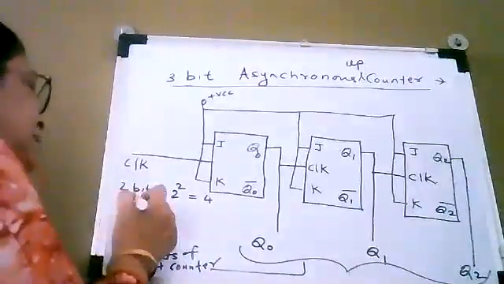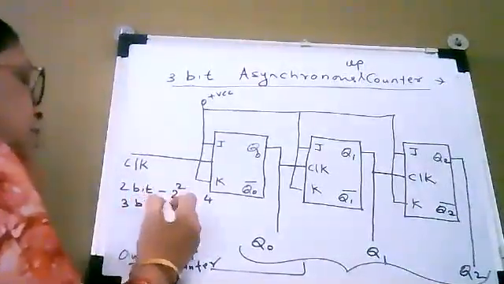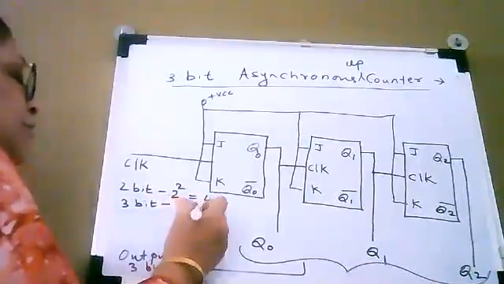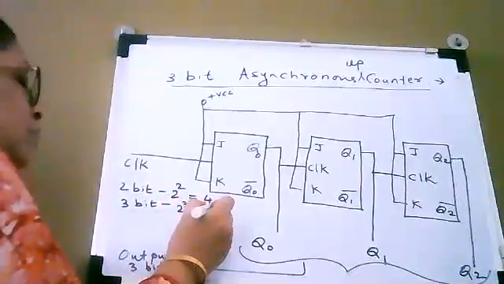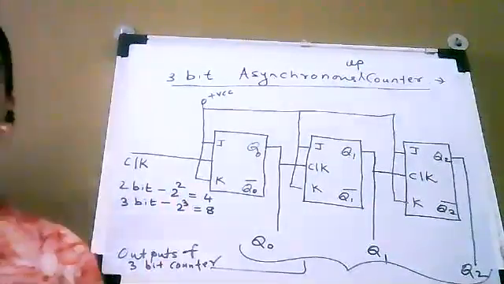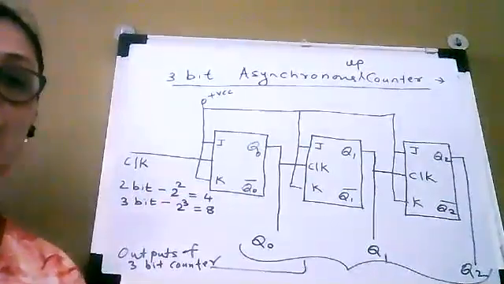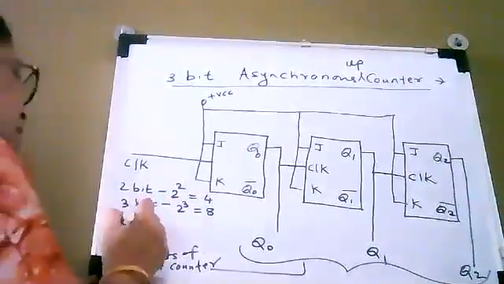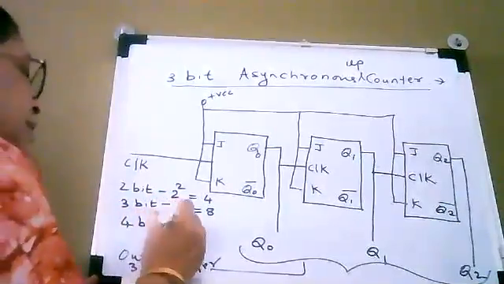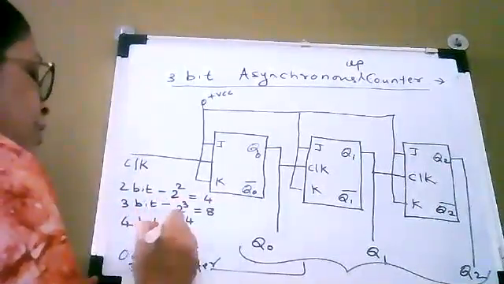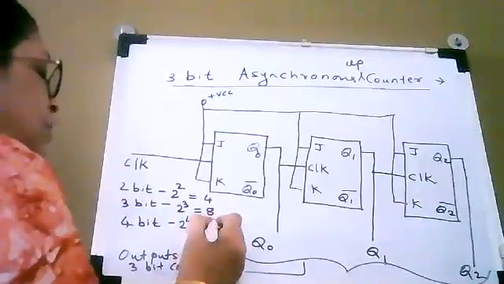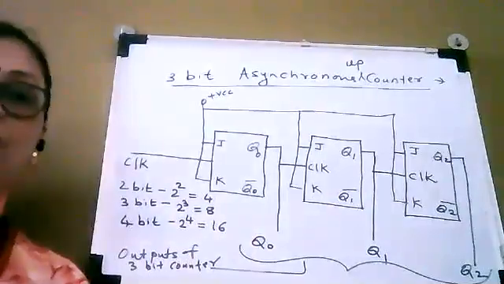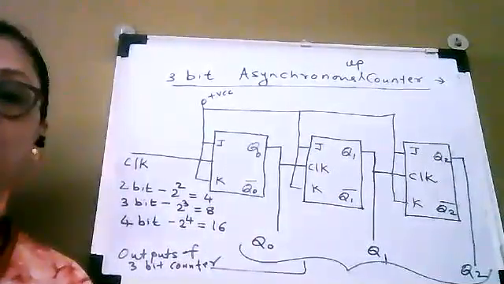Now if you consider a 3-bit counter, then here you can observe 2 to the power of 3, which is equal to 8. That means your 3-bit counter is capable of counting 8 states. Obviously, for 4-bit counter, you have to calculate 2 raised to 4, which is equal to 16. So a 4-bit counter is capable of counting 16 states.